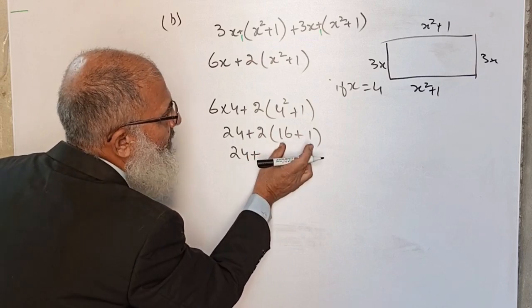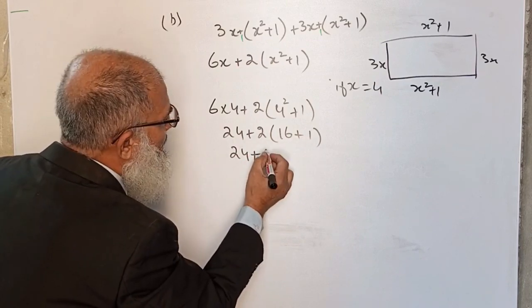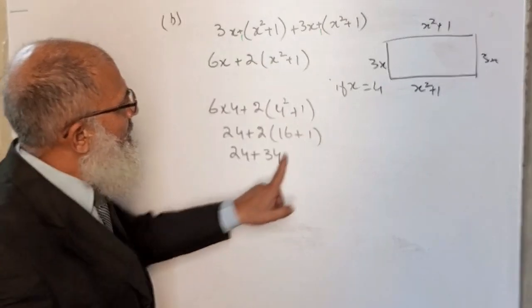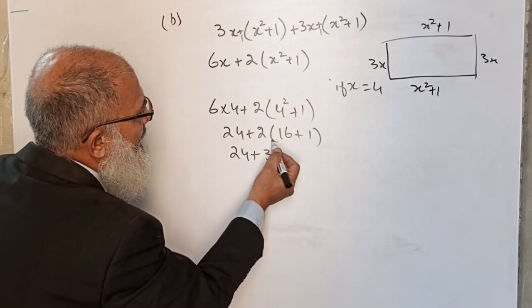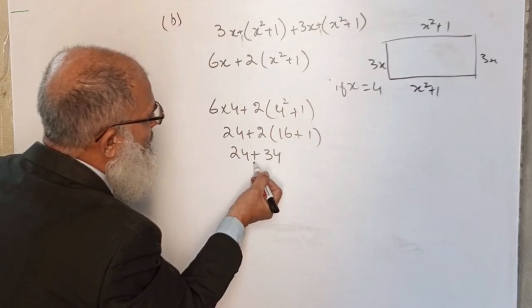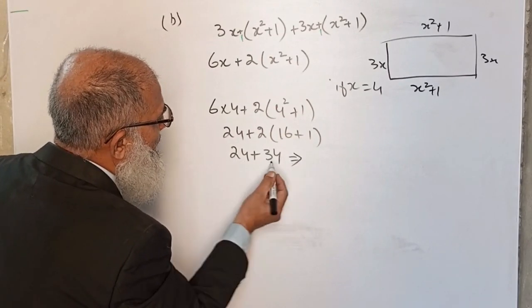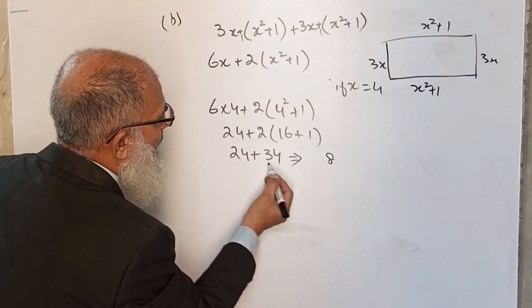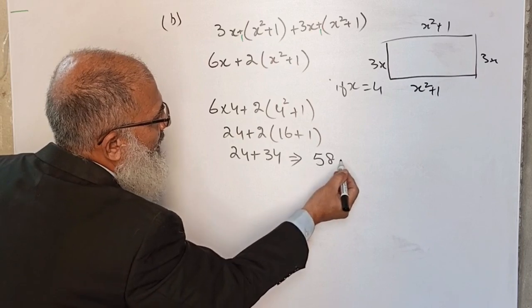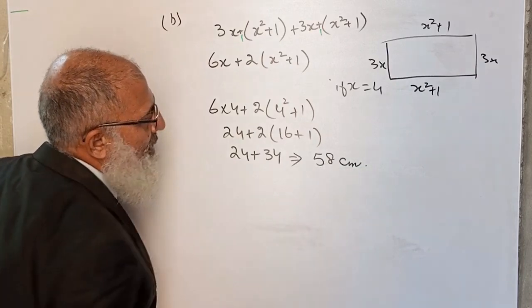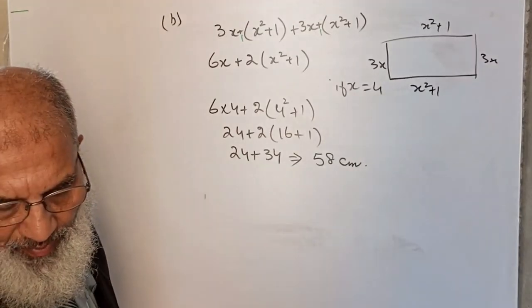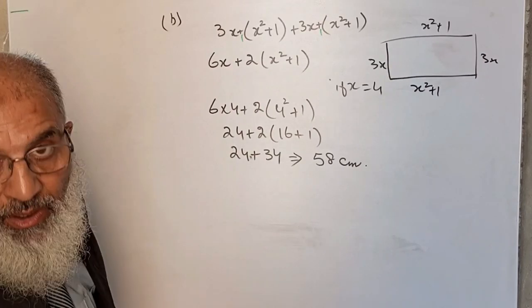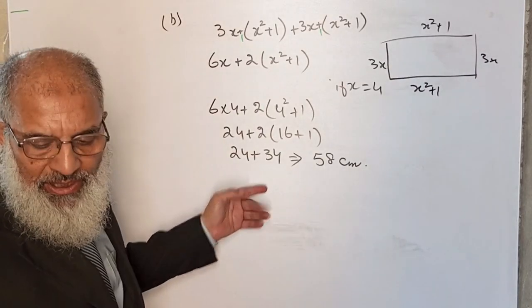Now this is 17, this whole is 17, and 17 multiplied by 2 is 34, and the answer is 58. And if it is given in centimeters, it is 58 centimeters. It was quite an easy job.